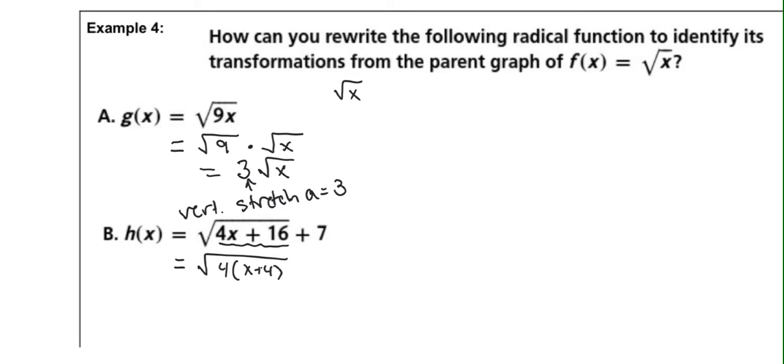So I just factored out this 4, right, plus 7. Now I'm going to separate them like I did in A. I'm going to separate it as square root of 4 and square root of x plus 4. And then plus 7. So I get 2 times the square root of x plus 4 plus 7.